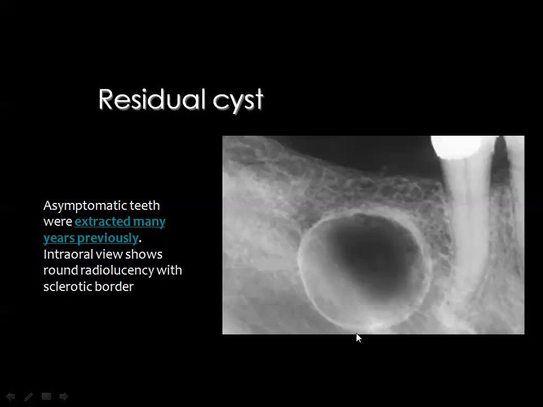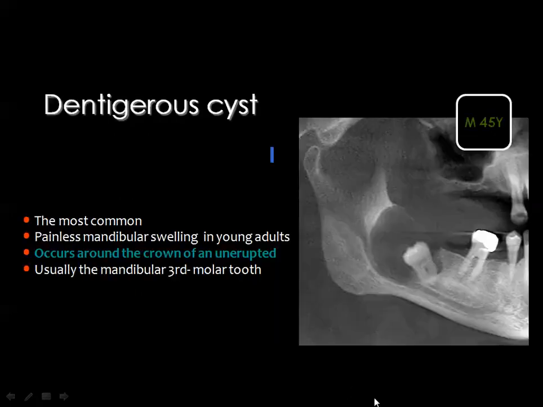Then the dentigerous cyst is one of the common lesions seen in the mandible. It is a painless cystic lesion seen in young adults, and it occurs around the crown of an unerupted tooth.